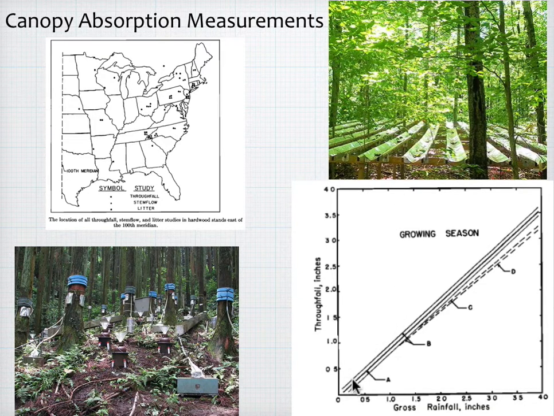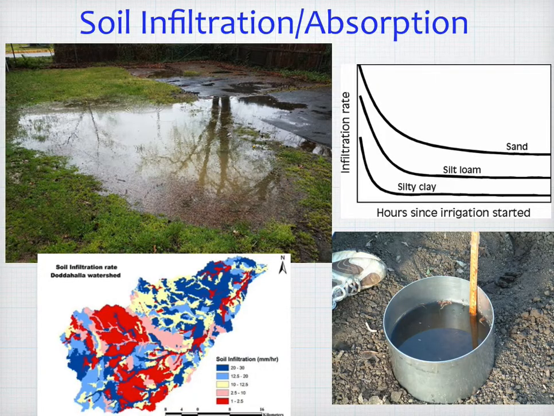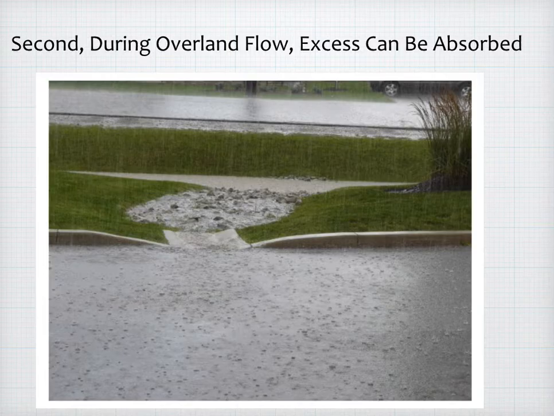And calculate then for the growing season or for an individual storm the gross rainfall and the throughfall, and this has been done. We're going to avail ourselves of those. Folks have also measured the amount of infiltration capacity in various soil types and mapped those and associated those with soil types. So we can do that also. We're going to then sum those across the landscape.